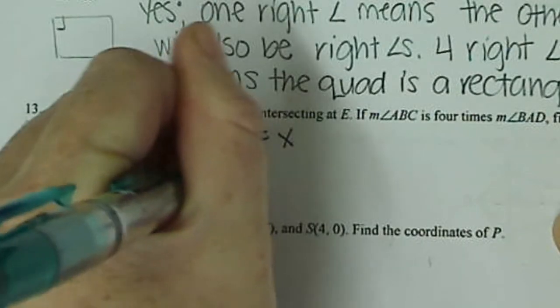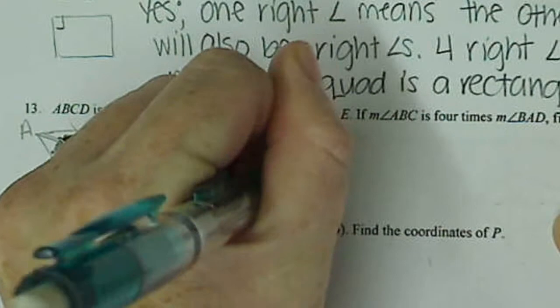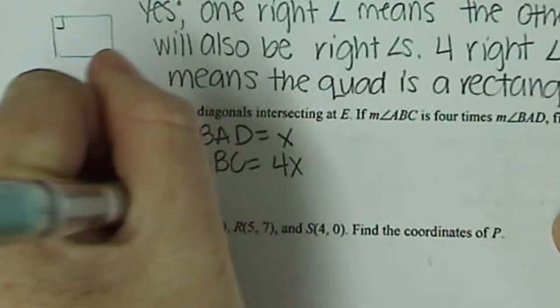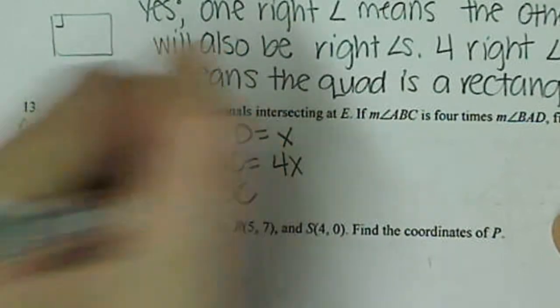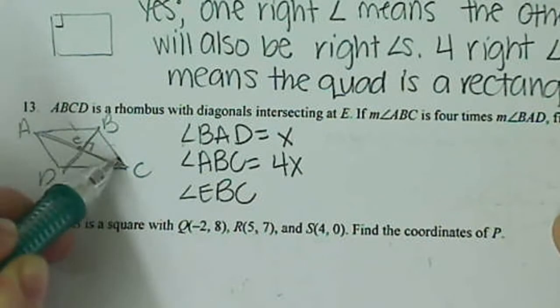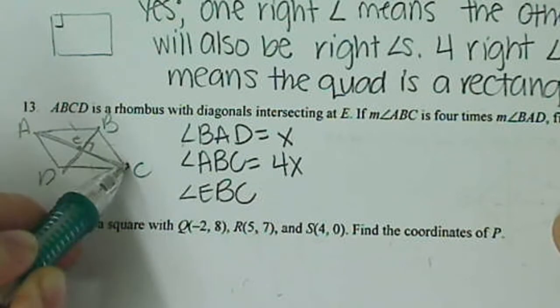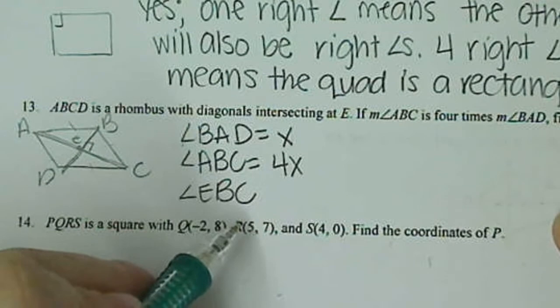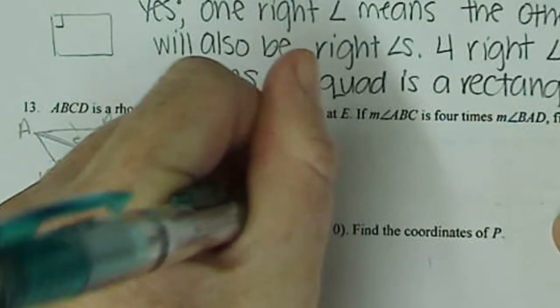ABC is 4 times that. We want to find EBC. Well, EBC is this angle here. It's half of ABC. So if ABC is 4x, EBC is 2x.